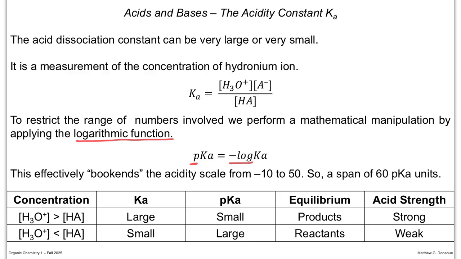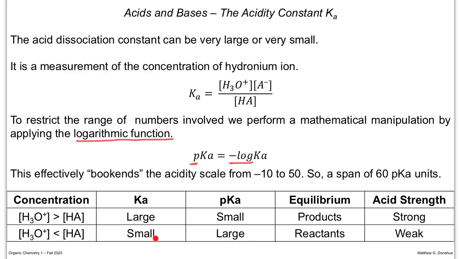So what ends up happening is there's kind of an inverse. It's due to the nature of that negative sign and the log. If you have a really large number, that Ka, and you put it in this equation, what it does is scale it down to numerically a small number.